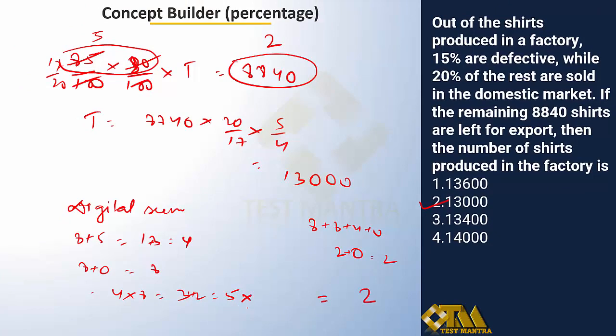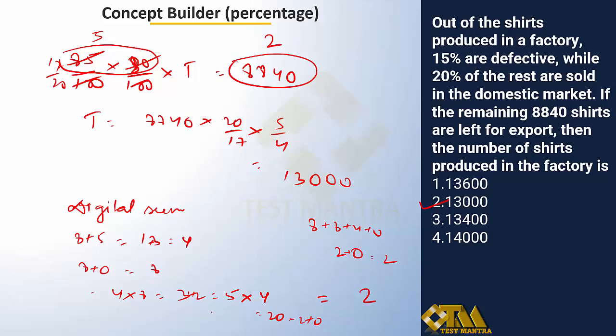That's the basic condition, right? So 5 into 1 is 5, 5 into 2 is 10, that means digital sum is nothing but 1. 5 into 3 is 15, that is 6. 5 into 4 is nothing but 20, that means 2 plus 0. 5 into 5 is not possible. 25 means 2 plus 5, 7.